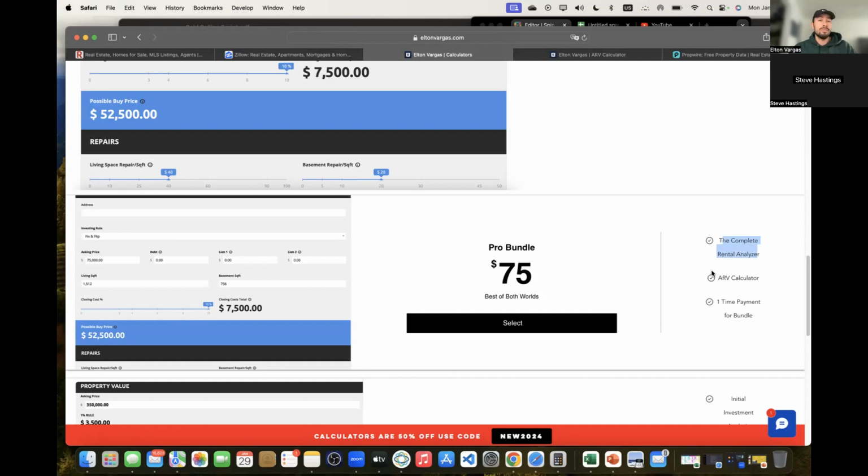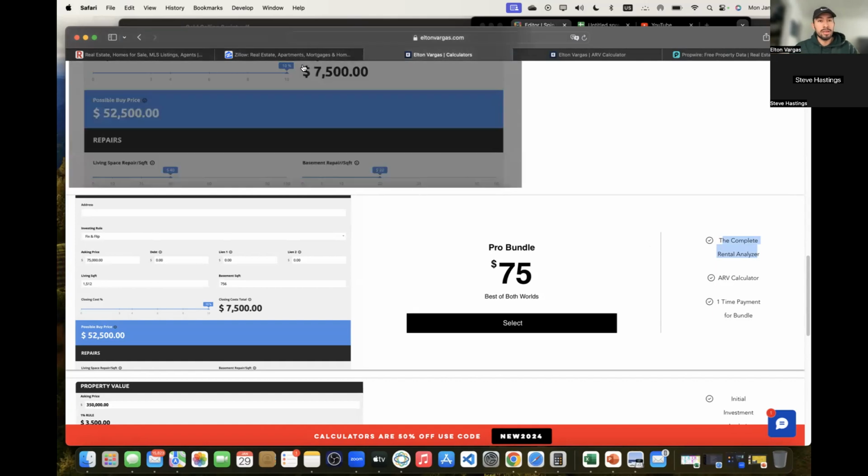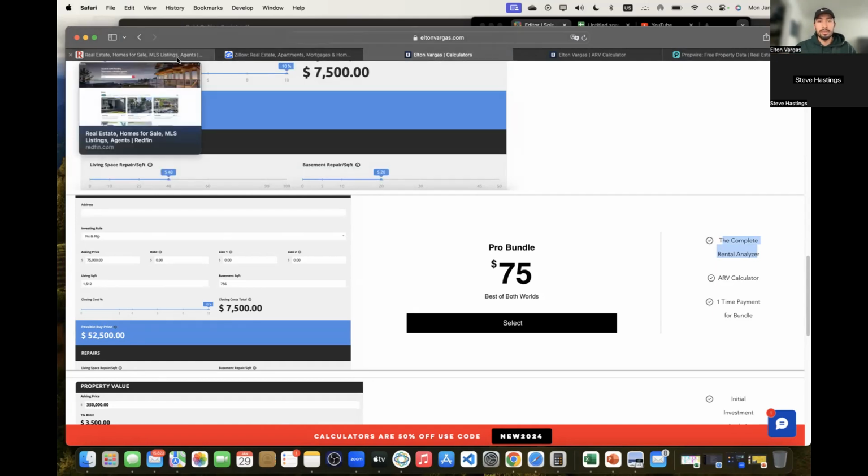Or sometimes you come across single family homes that are rented, and it's always best to keep them as rentals, just because of how the property is treated. The materials are going to be very different, because retail work has a unique style compared to a rental property, which will have lower, less expensive materials. And there's a new one coming up, the seller finance calculator, so once that drops you'll have access to that as well.